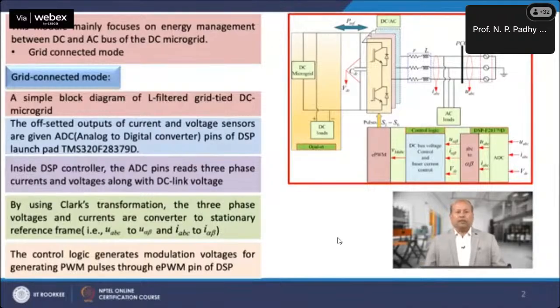Further, the control logic generates modulation voltages for generating PWM pulses through the EPWM pins of the DSP. These PWM pulses are used to switch the inverter.